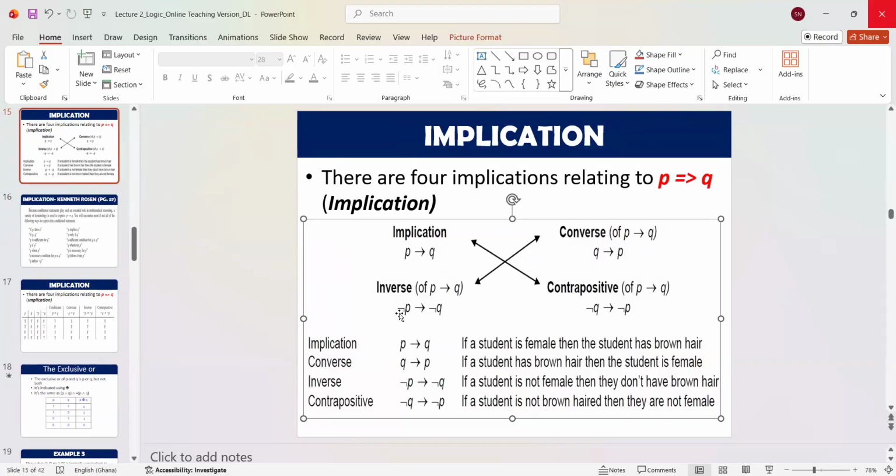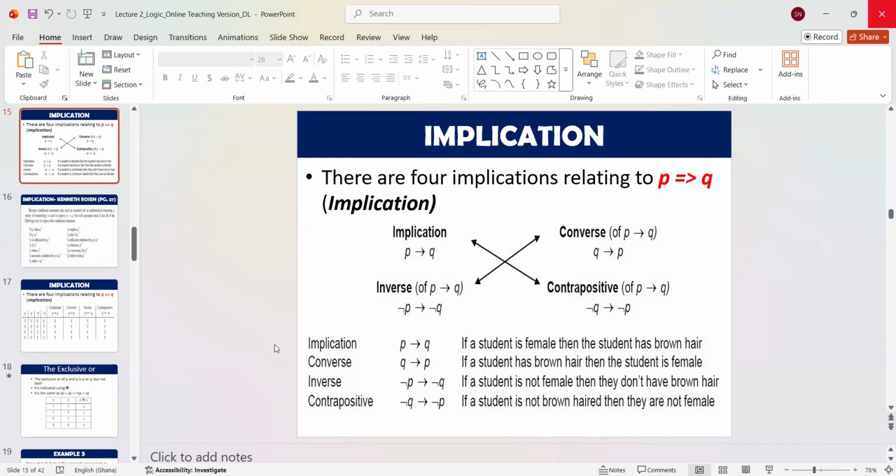You can have minus P implying minus Q, called inverse. And then minus Q implying minus P, called contrapositive. All these refer to the connective if and then, depending on what is on the left. If P is on the left, then it's the implication. If Q is on the left, then it's the converse. If minus P is on the left, then it's the inverse. And if minus Q is on the left, it is called the contrapositive.